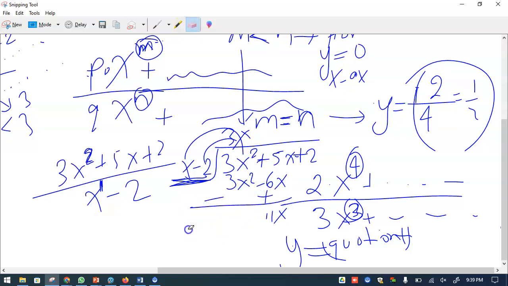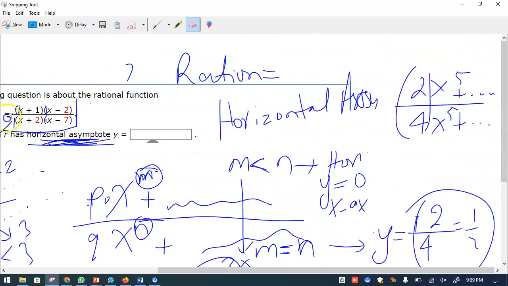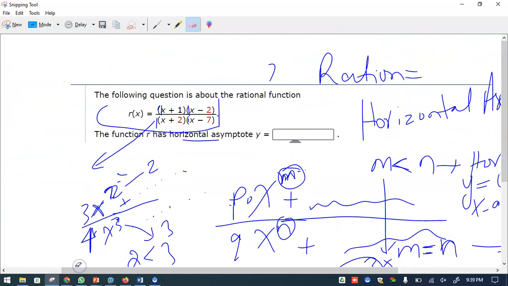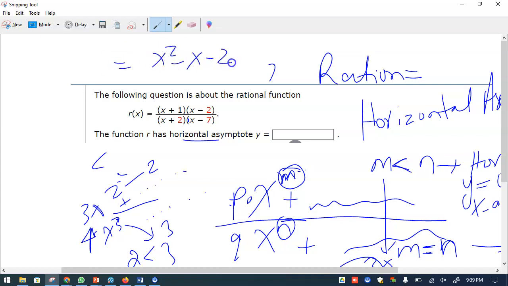What I'm trying to say is that part we'll see later on. What is important is these three things. The bottom line is, in this example, the numerator is x squared minus x minus 2 and the denominator is x squared minus 5x minus 14.